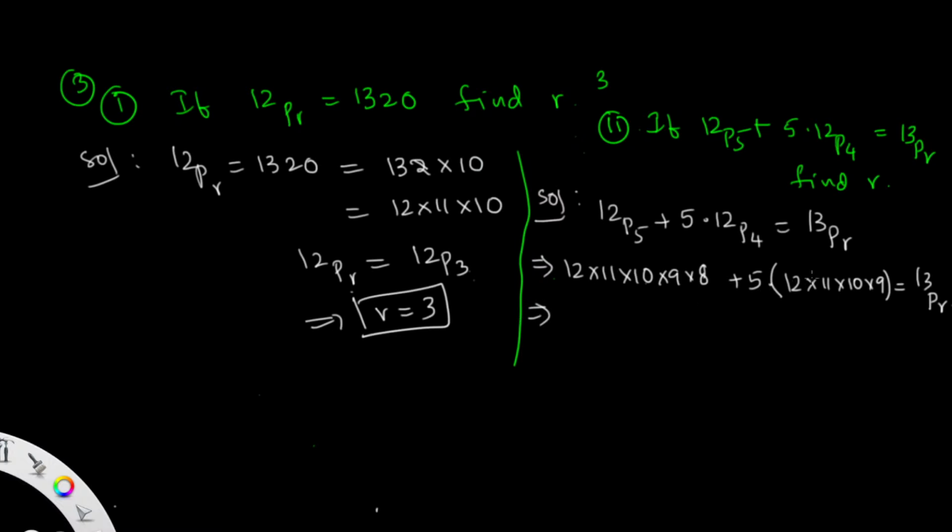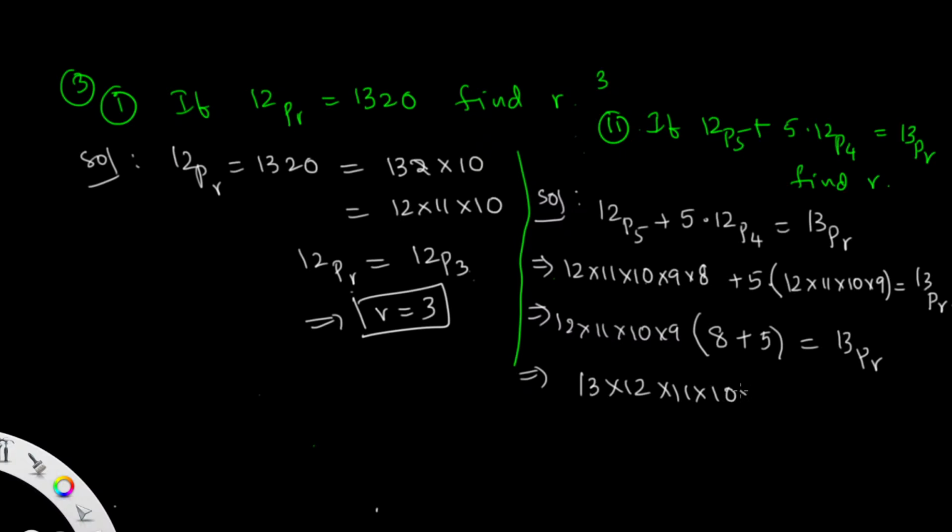By observing, 12 into 11 into 10 into 9 are common. The remaining term is 8 in the first and plus 5 in the second, and 8 plus 5 is 13. So we get 13 into 12 into 11 into 10 into 9 equal to 13Pr.